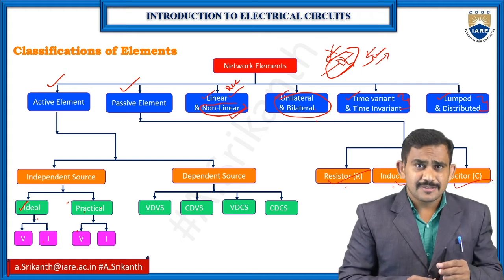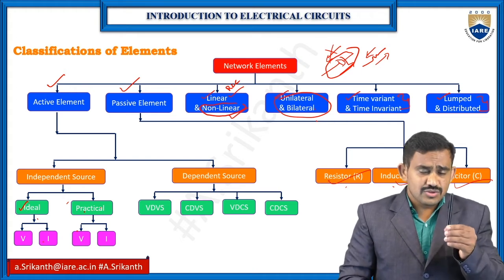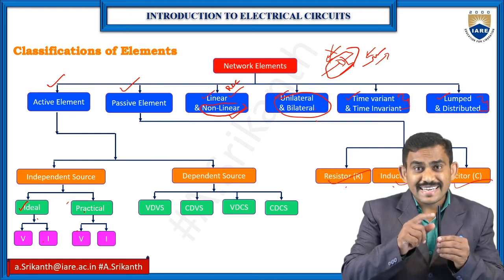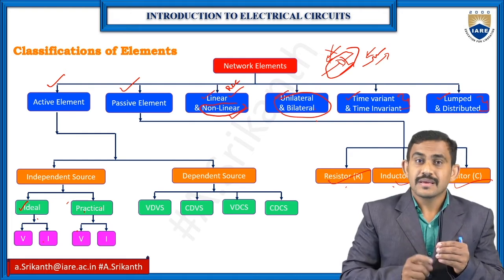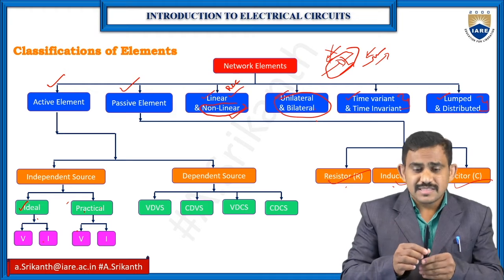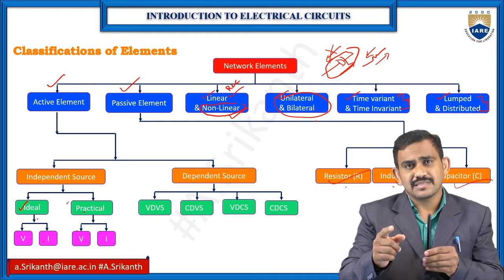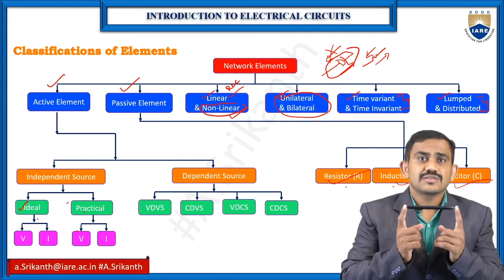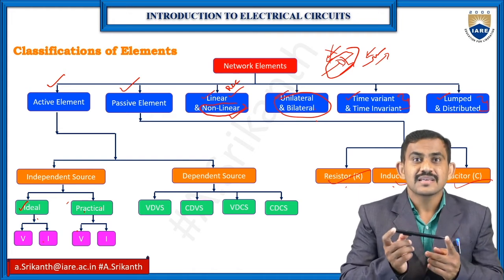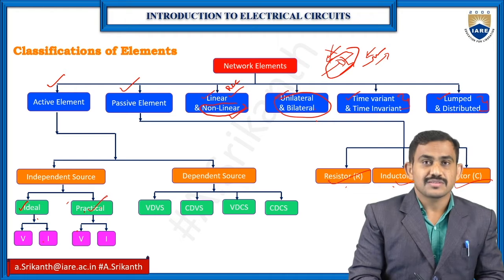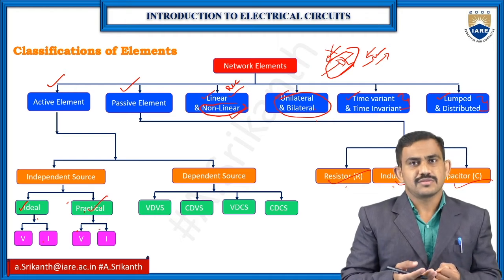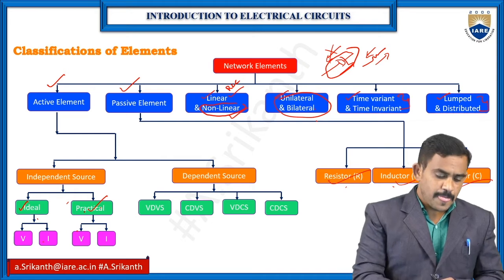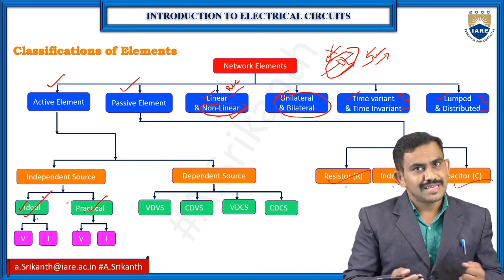Ideal means, suppose a voltage source, that voltage source does not have any internal resistance. A practical source means the same voltage source having some internal resistance. Any source having internal resistance is a practical source, current or voltage source. A source without internal resistance is an ideal source.